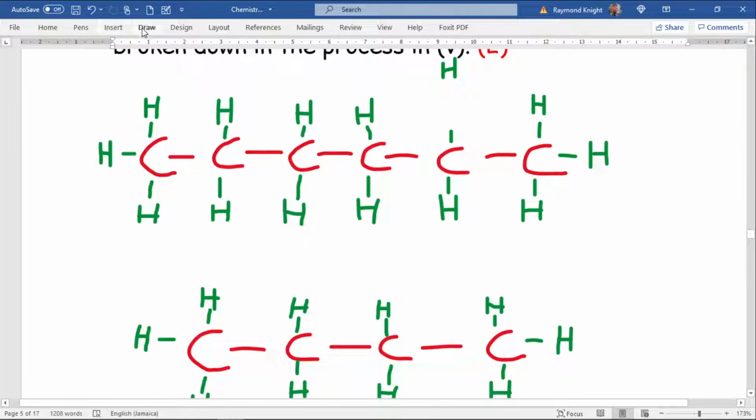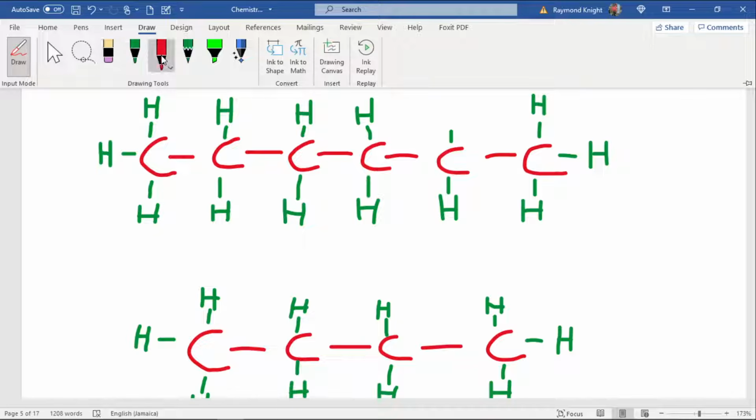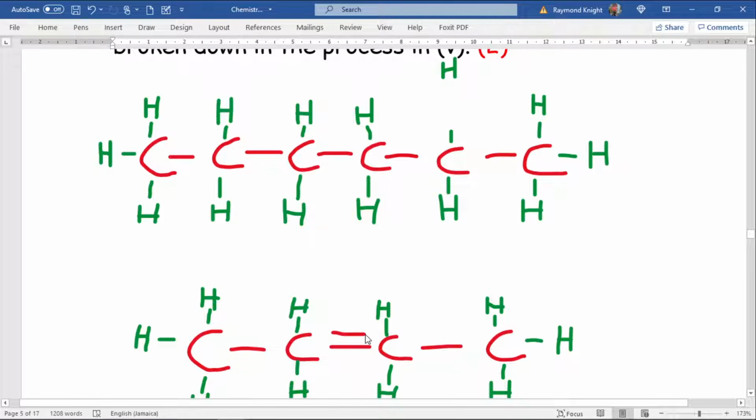Since that's not coming off, I'm going to just draw it on to show you exactly what I'm talking about. And once you make a double bond, you're going to take off the hydrogen atom. So you're going to take off this, and you're going to take off this.